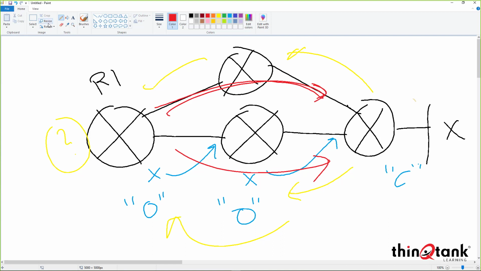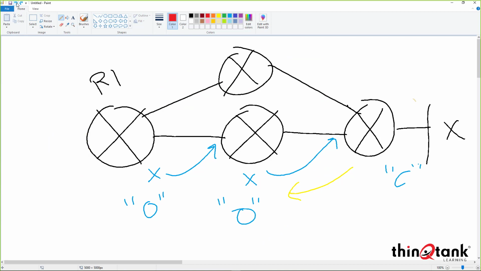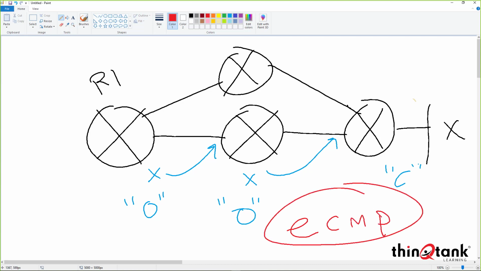And that goes into the routing table. All right? I'm going to leave this diagram because there's actually some other deciding factors if there's more than one way to learn about a route. What if those paths happen to be equal? What if they had the same metric? If they had the same metric, we would do something called ECMP, equal cost multipath routing.